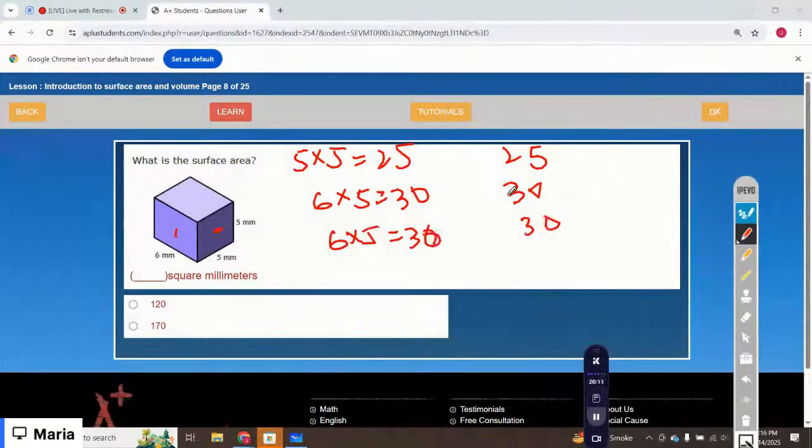Just add the 30 plus 100, 1, 2, 3, 4, 120 plus 50, that is 170. So the correct option is 170.